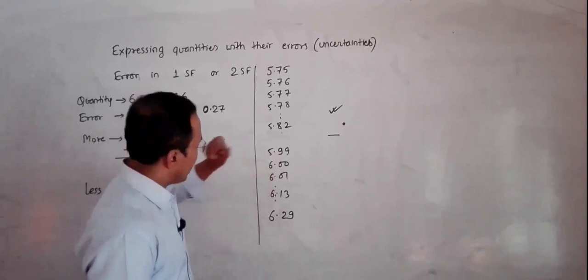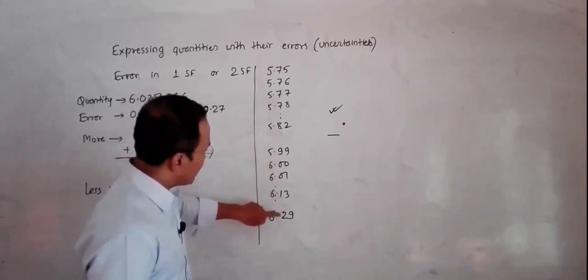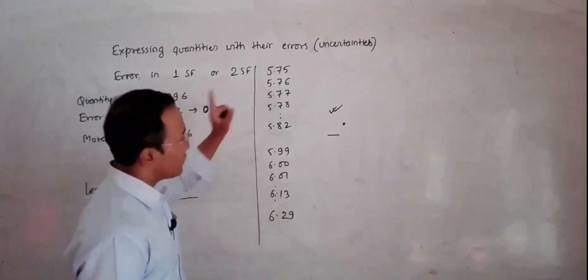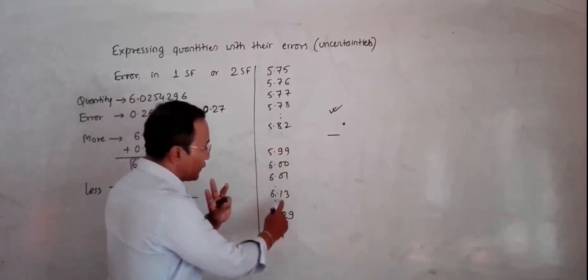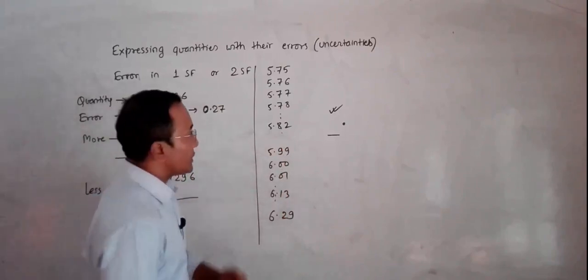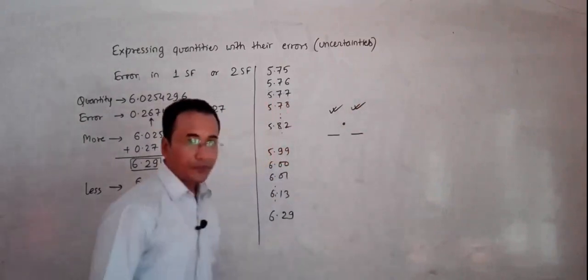So I can have 7, 8, 9, 0, 1, 2, six values. We are sure that it can cover any value in between these six.